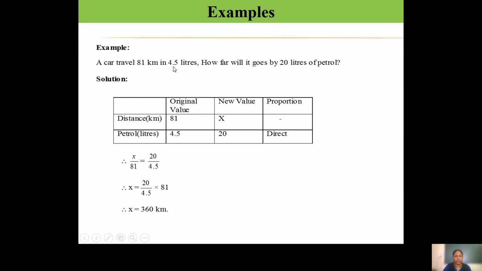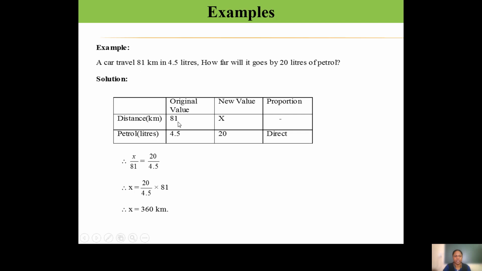A car travels 81 kilometers in 4.5 liters. Then how far will it go by 20 liters of petrol? Whatever information is given, we'll write in tabular form and try to understand what kind of proportion there is between these quantities. The distance, 81 kilometers, is given, and the petrol in liters is given.